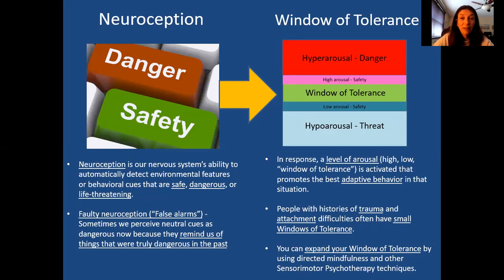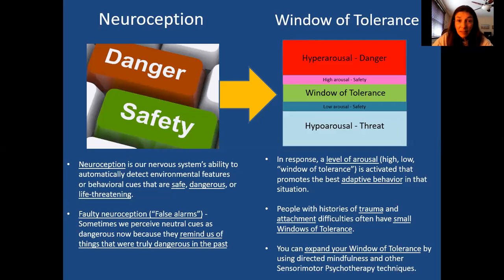Okay, so based on what's happening now and associating to my past experience, my brain's going to help me prepare to adapt and to survive. So it's going to scan my environment, internal and external, and figure out if this is safe, if this is dangerous, or if it's life-threatening, or perhaps neutral, okay? And so based on that assessment, it's then gonna lead to a different response, okay?